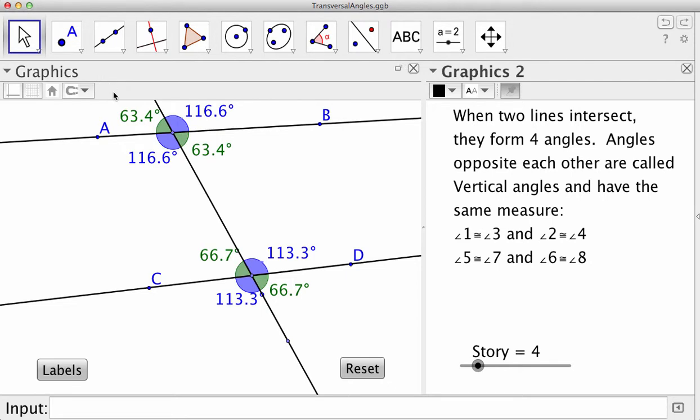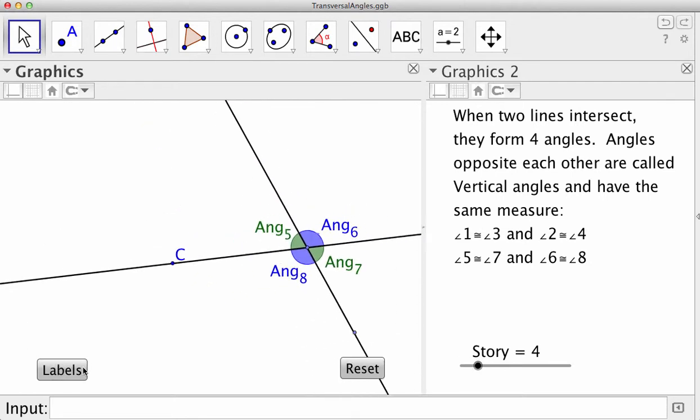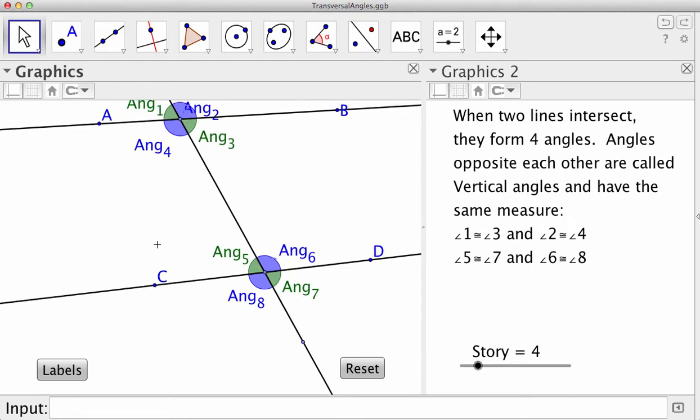When two lines intersect, as we have with lines AB and FG here, they form a total of 4 angles. Angles that are opposite each other are called vertical angles and have the same measure. So we have this angle right here, angle 1, and we have angle 3.